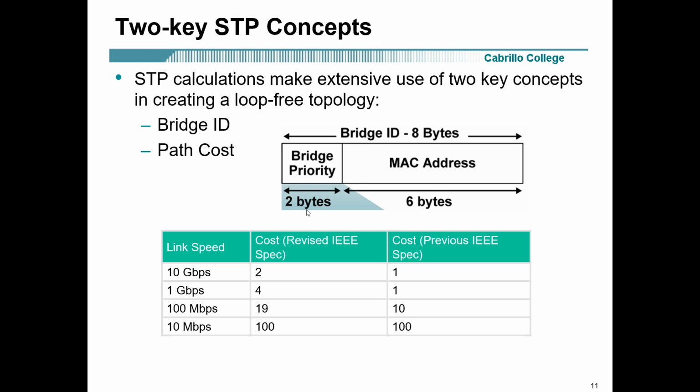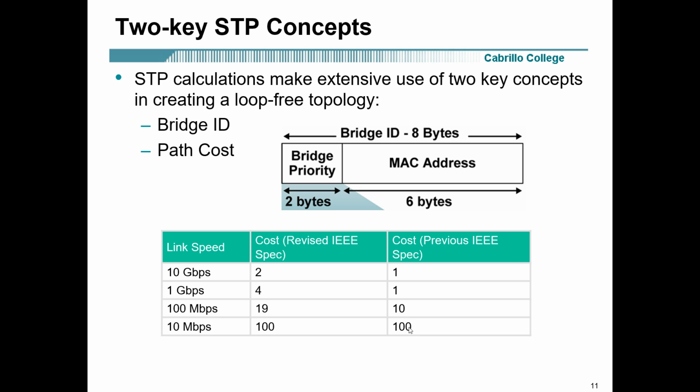Next is this thing called path cost. This used to be the previous path cost. So 10 gig and 1 gig would have a path cost of 1, 100 megabit would be 10, and 10 megabits would have a path cost of 100. But they realized that with faster and faster links, if everything is going to be 1 for anything above a gig, this doesn't quite work.